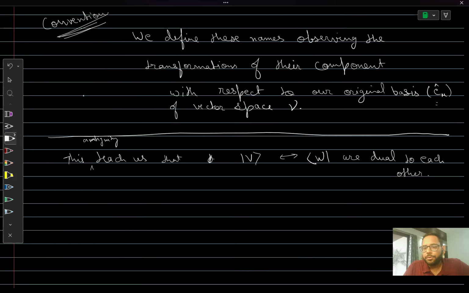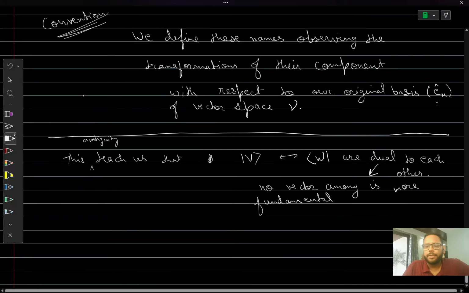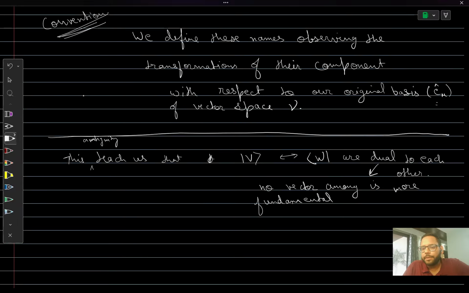Dual to each other means no vector among them is more fundamental, nor is their respective basis more fundamental than the other.